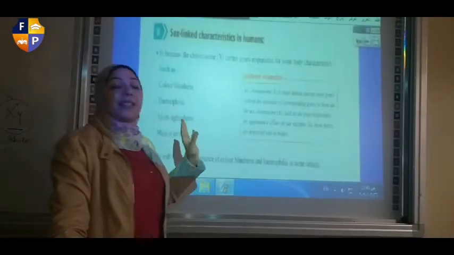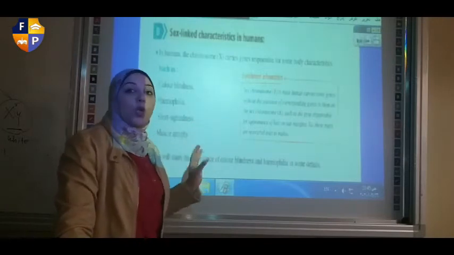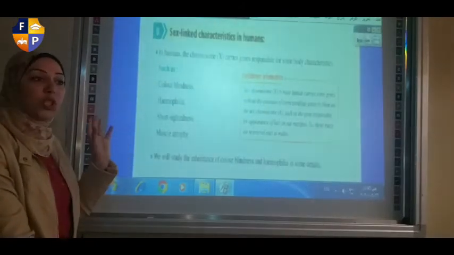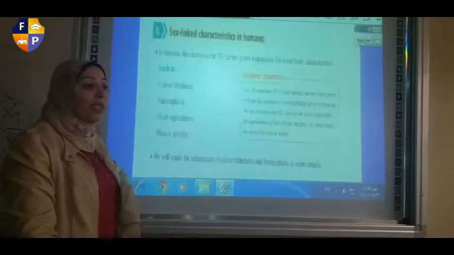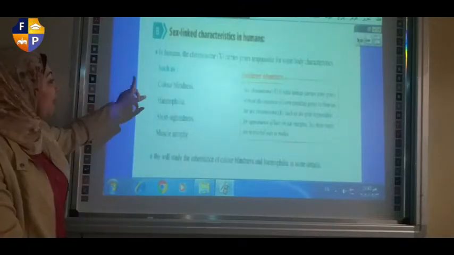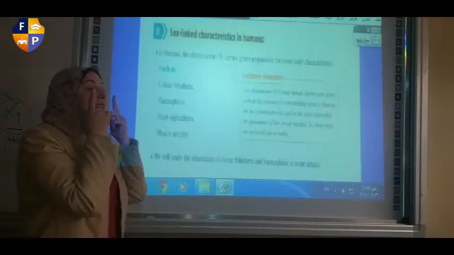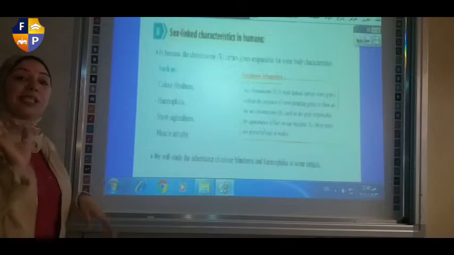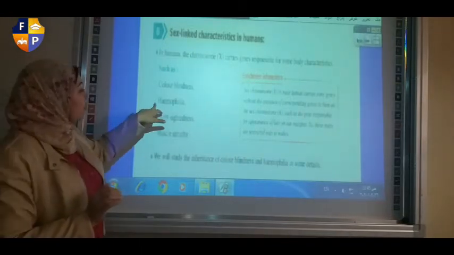Second, these sex-linked characters also are present in the human body. These traits, or genes, are carried on chromosomes X or Y, which are sex chromosomes, and are not affected by any hormone. What are these traits? We have color blindness, meaning the inability of the eye to differentiate between colors, especially red or orange and green. And also hemophilia.